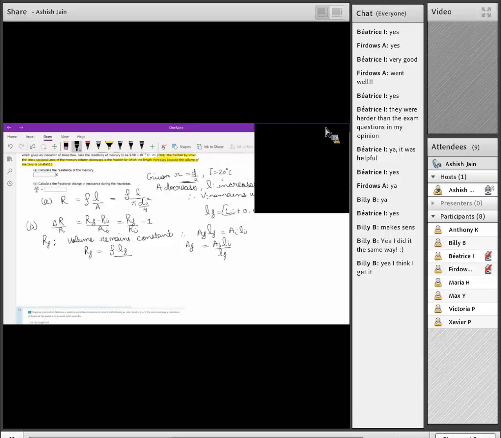That's how I'm going to find RF, and RF is given as rho LF, where F stands for final and I stands for initial, by AF, and I'm using AF from here. I'll get rho LF, AI LI into LF.